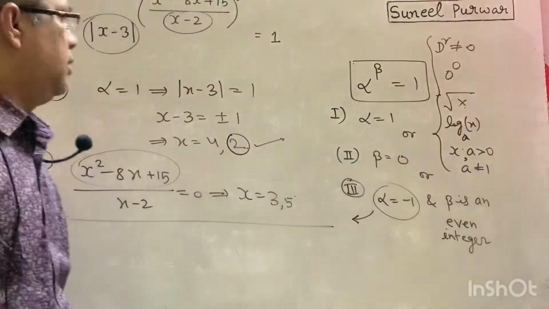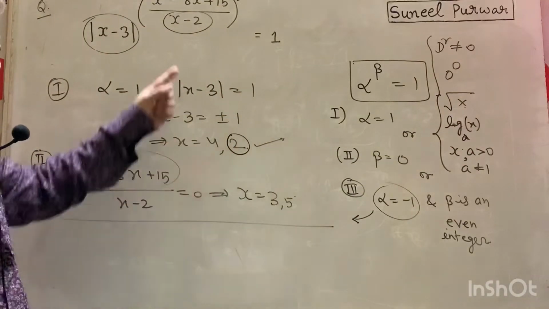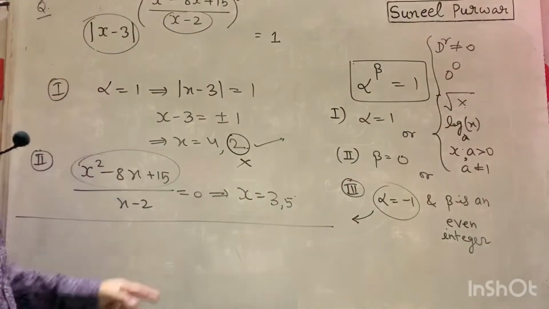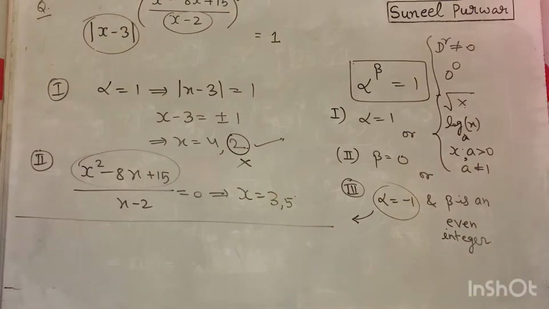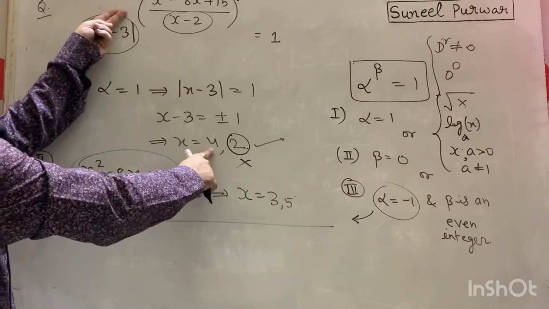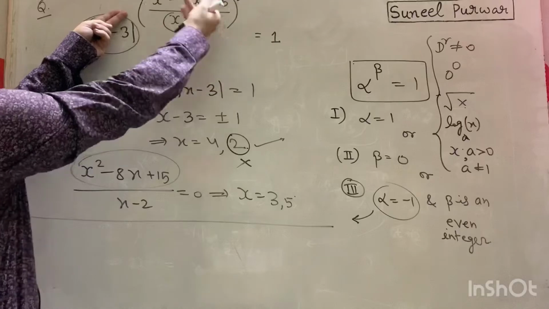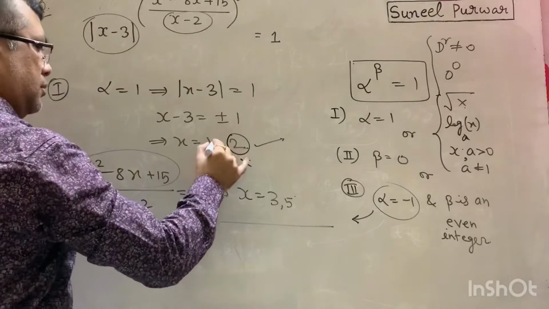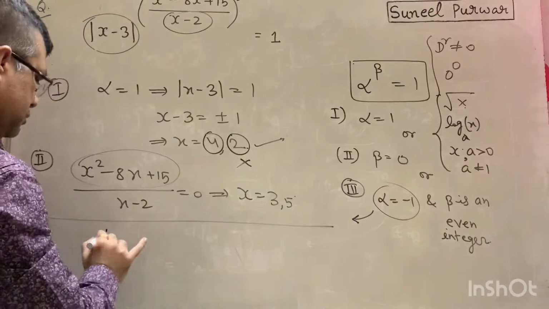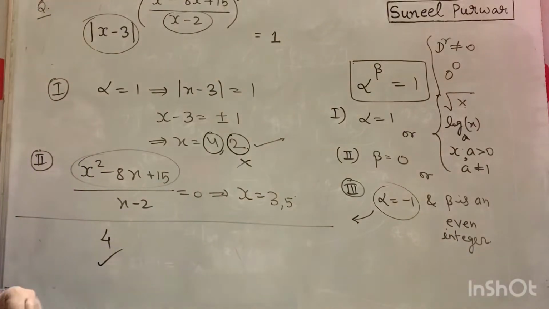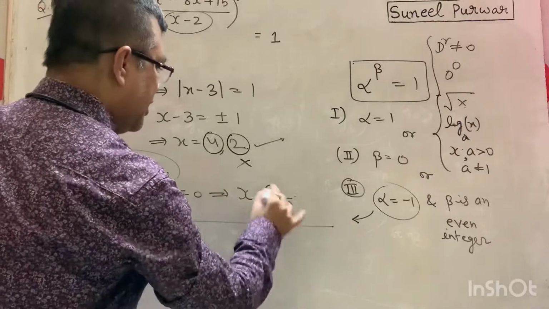So let's see. If you take x is equal to 2, this denominator becomes 0, so it can't be the solution, rejected. If you take x is equal to 4, there are no issues. If you put x is equal to 4, this number will become 1, and there are no issues with this number, so 4 is selected. If you take x is equal to 3, here you get another trap.